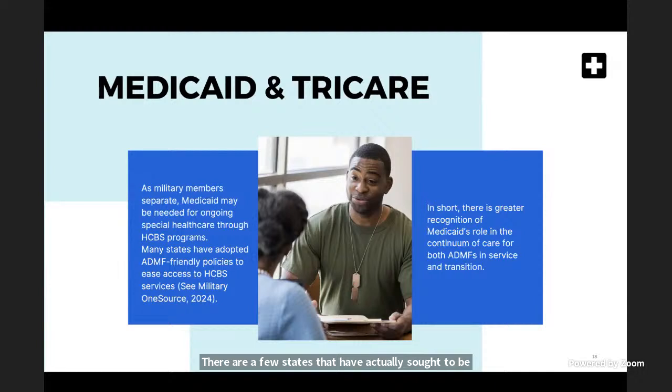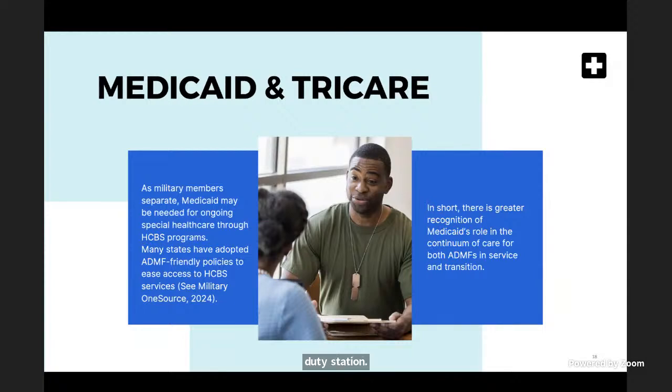But this too has its own complexities. The idea is that individuals moving to a new state would be given preference or given a place in line, if you will, if they are in the PCS process and they are serving in a new duty station. These are not quite as common as efforts to preserve eligibility.